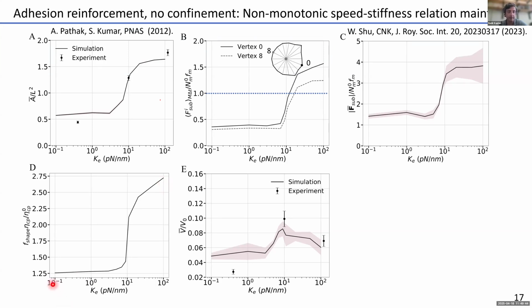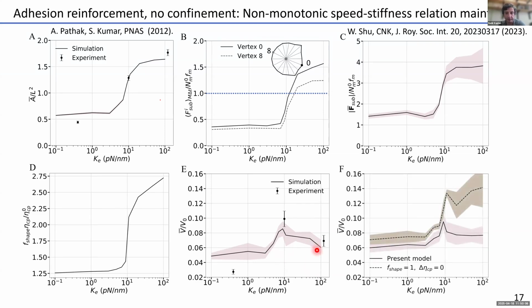So this is the shape of the nucleus, more spherical here and more ellipsoidal here as a function of stiffness, because with the area spread, the nucleus is squeezed, and as a result this can hamper the cell speed and turn the migration speed biphasic as a function of stiffness.